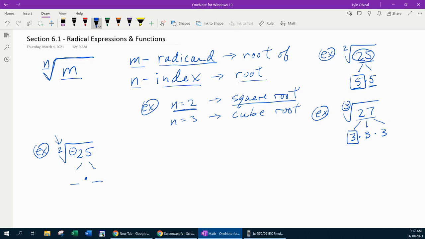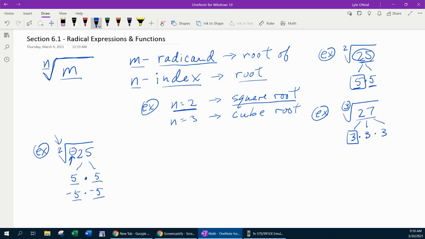The choices are 5 times 5, which is positive 25, not negative, or negative 5 times negative 5. The radical says the factors have to be identical, so they have to be the same. But a negative times a negative also makes a positive, not a negative.